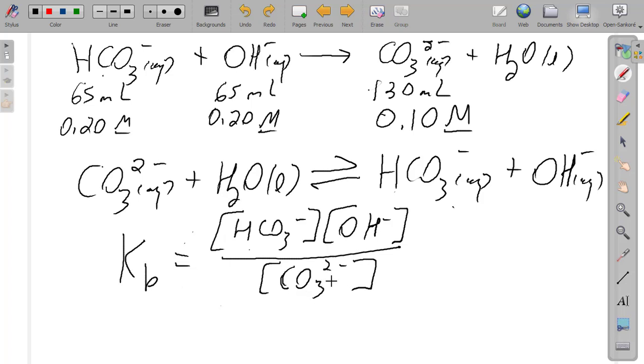The original carbonate is what I was saying. So this is going to be it. But remember, the only things that can go into the K expression are equilibrium-line values. So what we need to do is an ICE table to solve this.